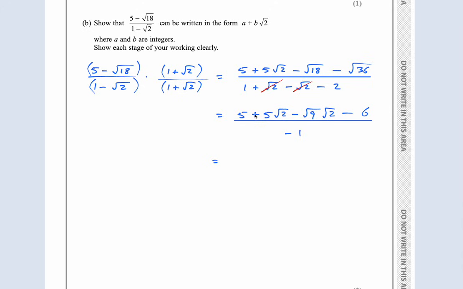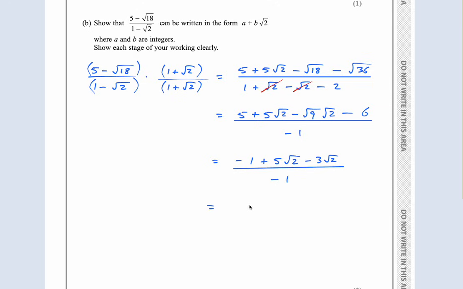Now 5 minus 6 is obviously minus 1, and then I have 5 root 2 minus 3 root 2, because root 9 is 3. Well, guys, let's keep this step because it's difficult. 5 root 2 minus 3 root 2 all over minus 1.